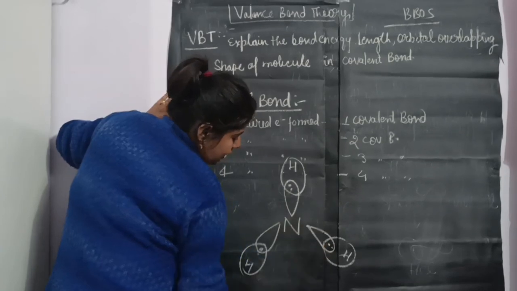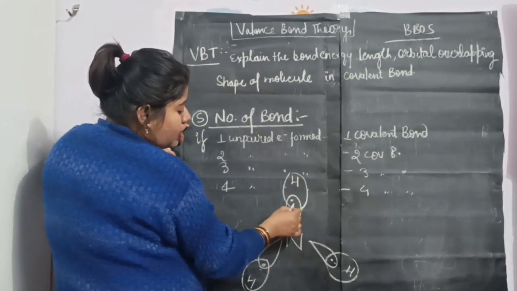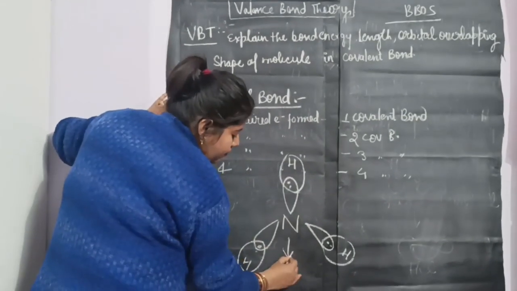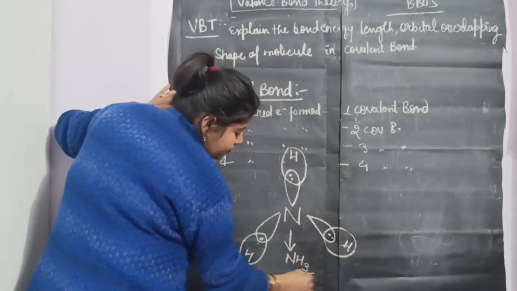It is the overlapping region. So the electrons of the outermost shell of the N atom react with the hydrogen atoms, and they form NH3, ammonia.